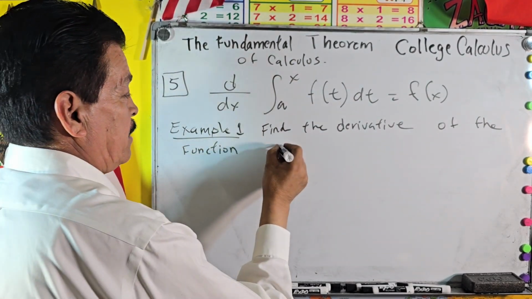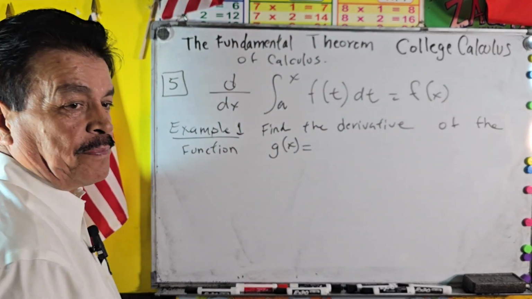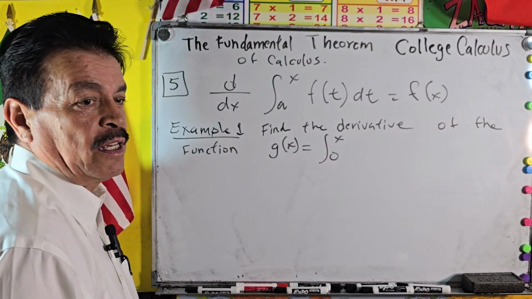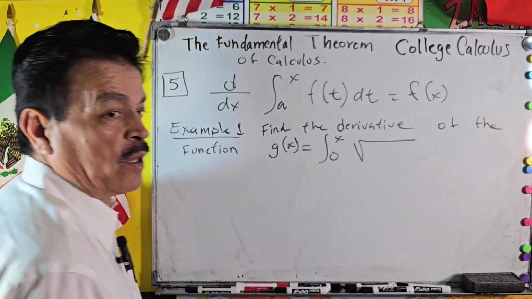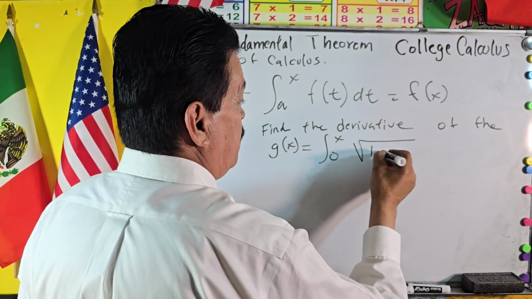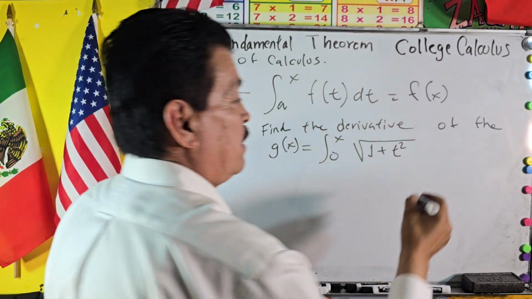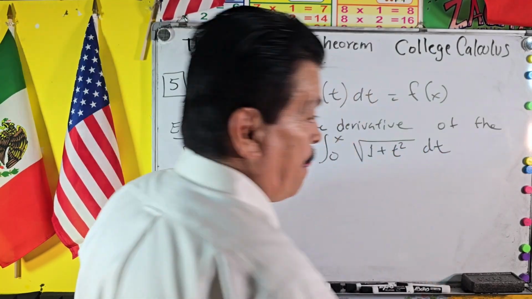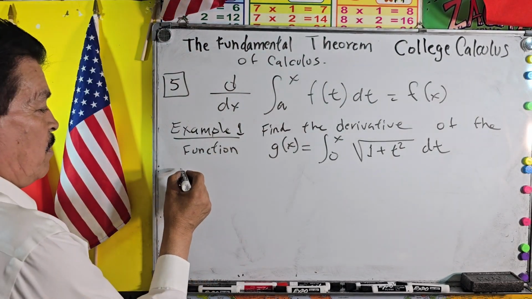Let's write the problem here. g of x equals the integral from 0 to x of the square root of 1 plus t squared dt. That's our problem. What is the solution of this problem?